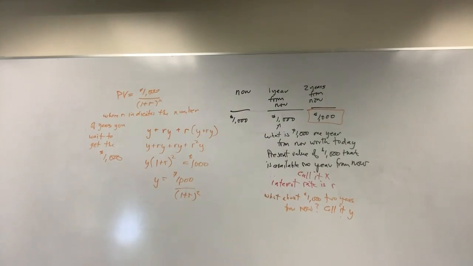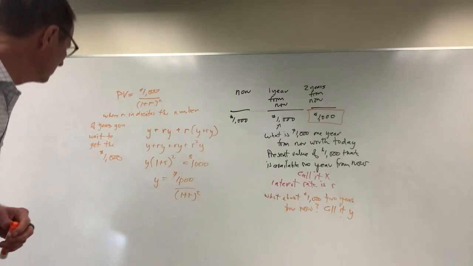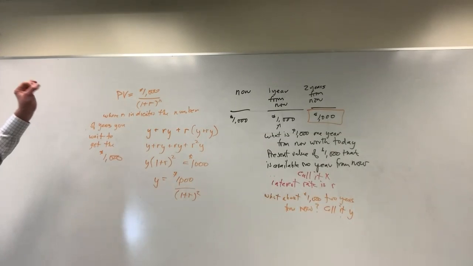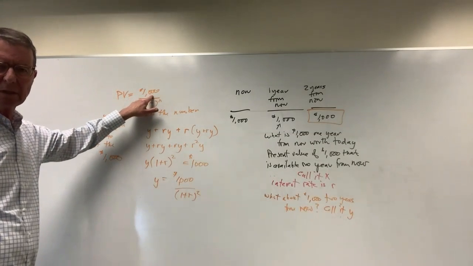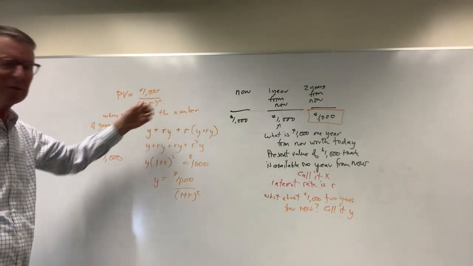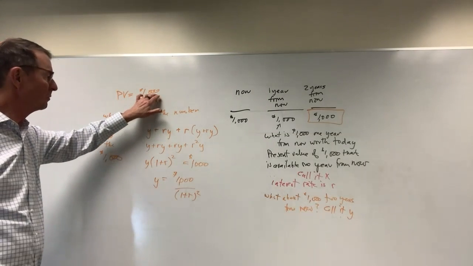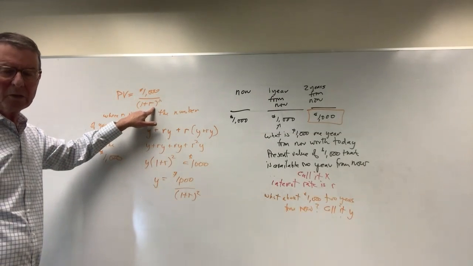Now, one potential problem is that it's hard, especially when inflation is not extremely low. It's hard to know what those future benefits are going to be because you know what the inflation rate is. But you can show that because inflation not only inflates these dollar values, it also increases the interest rate.